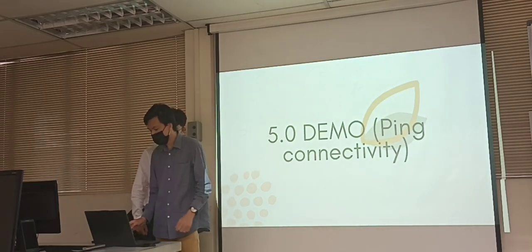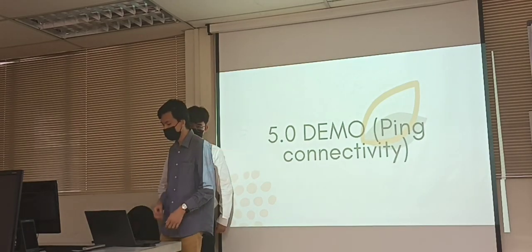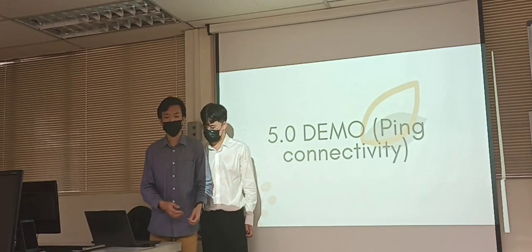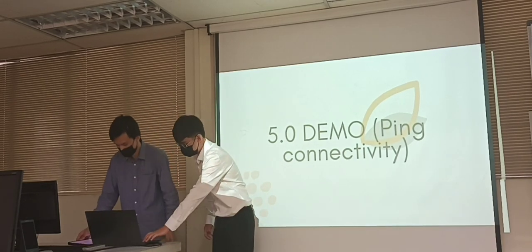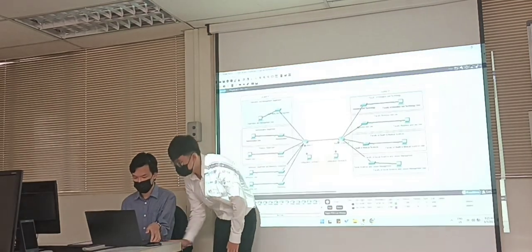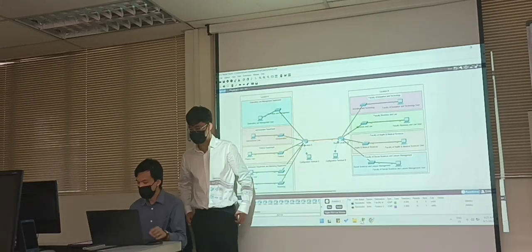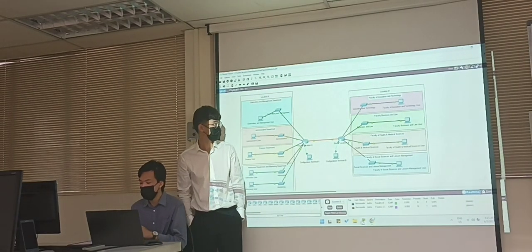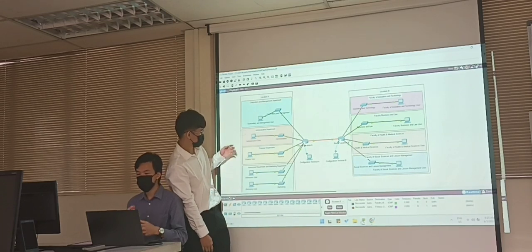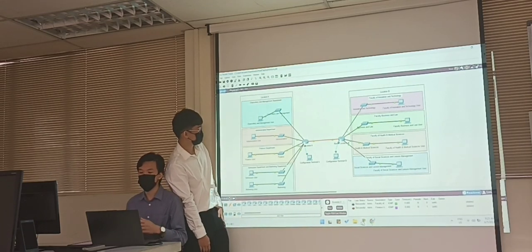For the last section of the presentation, I would like to demonstrate the key connectivity in the same network and different networks. For example, in different networks, I would like to ping from the administrative department user PC to the Faculty of Innovation and Technology user PC.